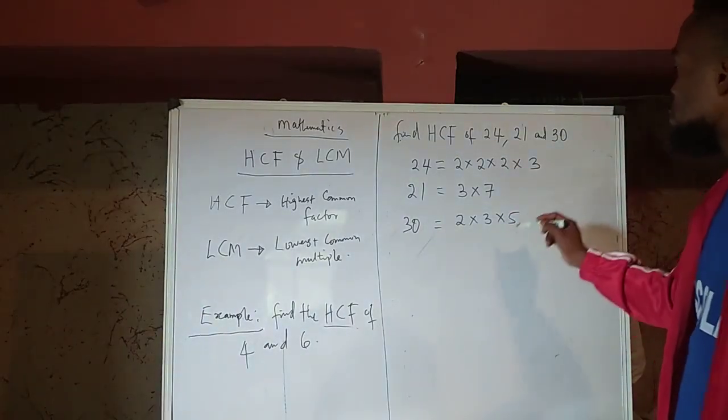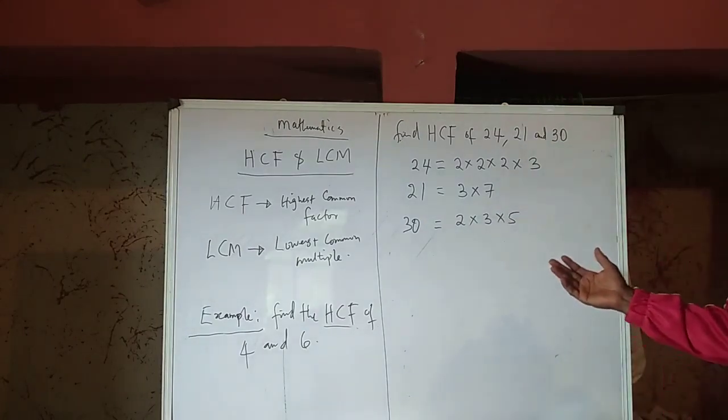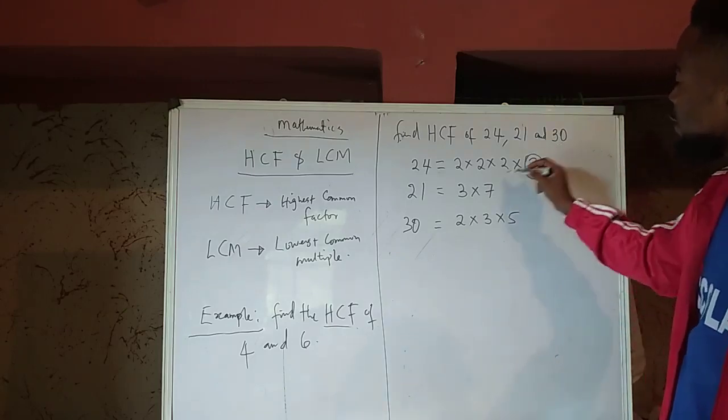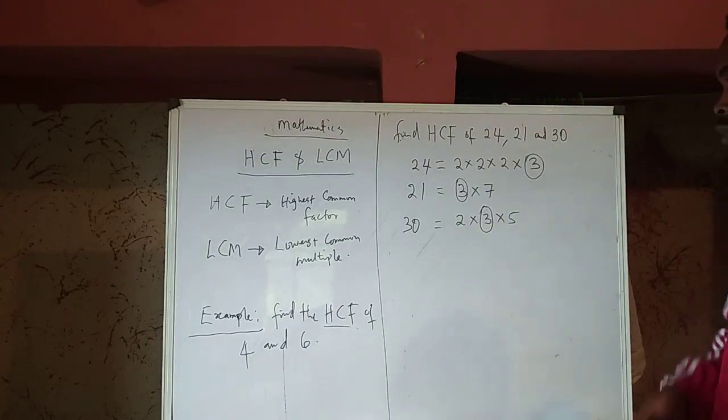Okay, so now look at this. Can you spot what the highest common factor is? Yes, the highest common factor is 3 because there is 3 here, there is 3 here, and there is 3 here. Are you getting it?